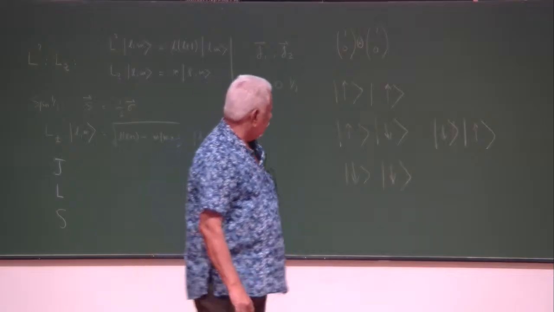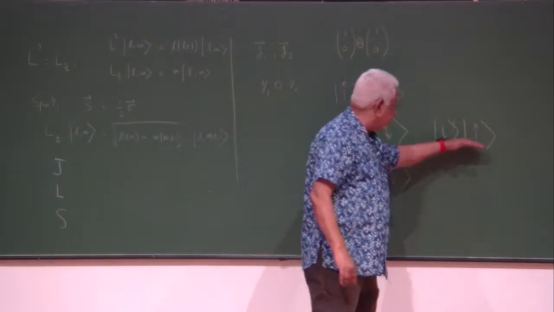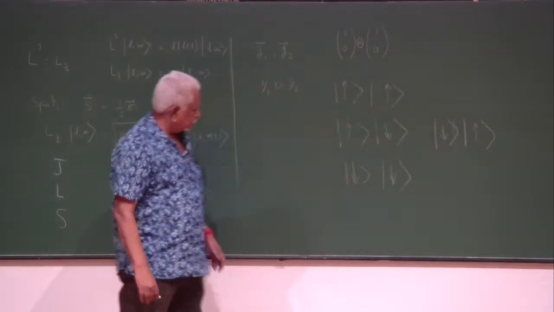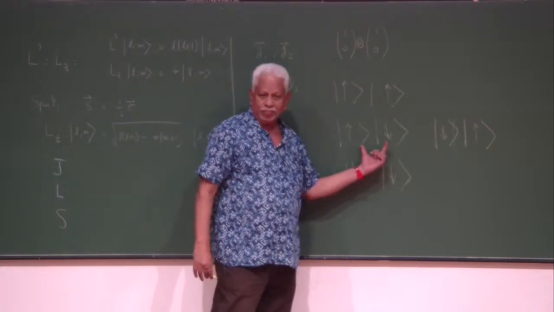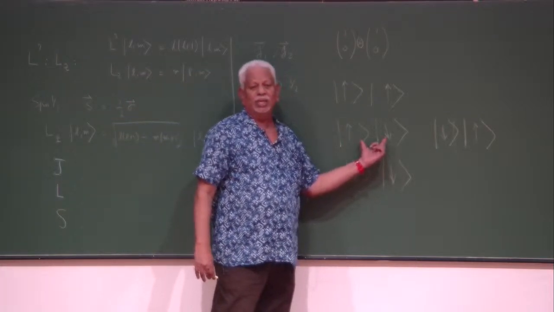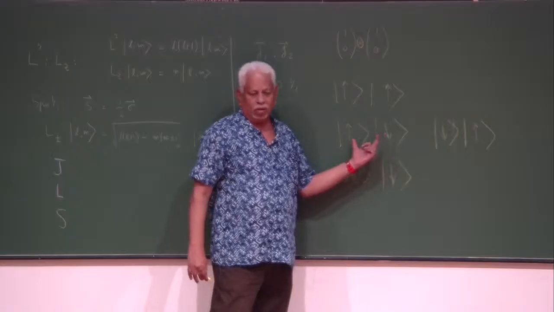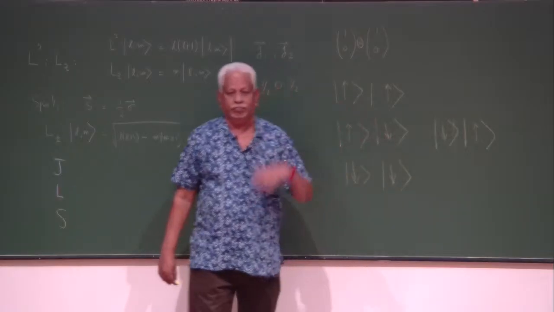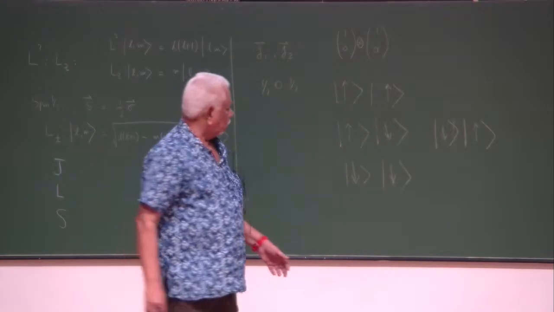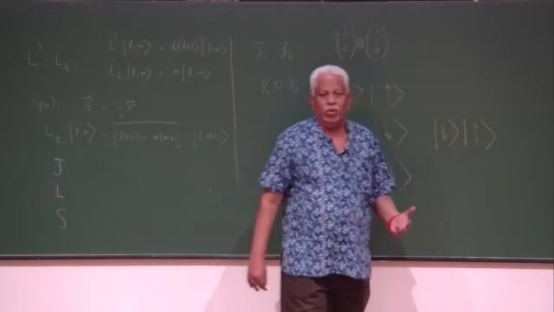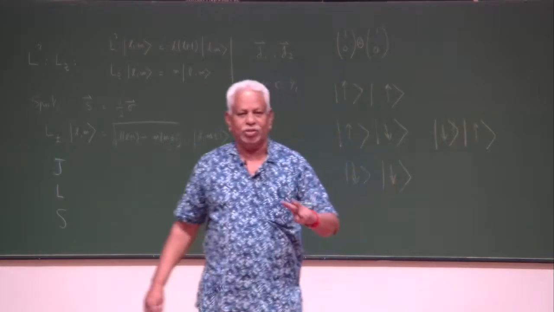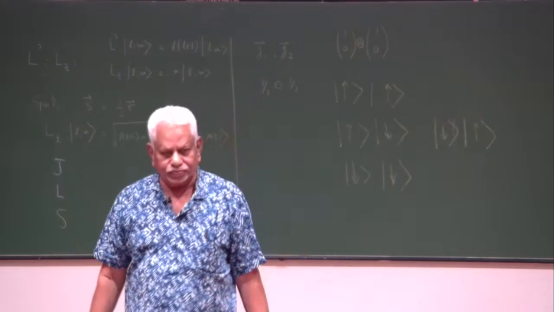Why is it I have given here side by side is, what is the magnetic quantum number of the total thing here? What is the magnetic quantum number of this and this together? 0. What is the magnetic quantum number of this also? So there are 2 states with magnetic quantum number equal to 0.